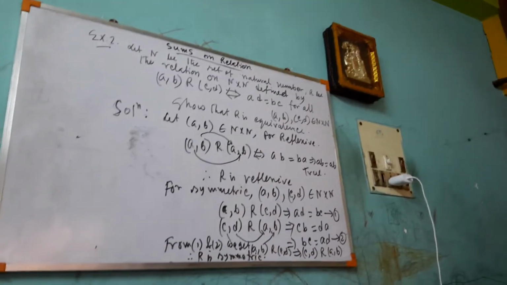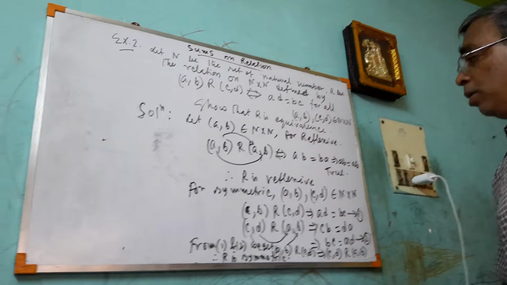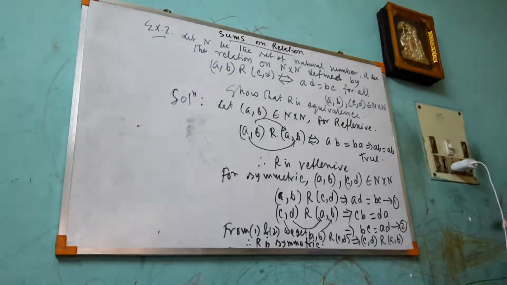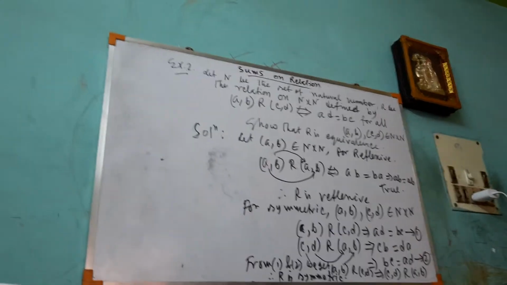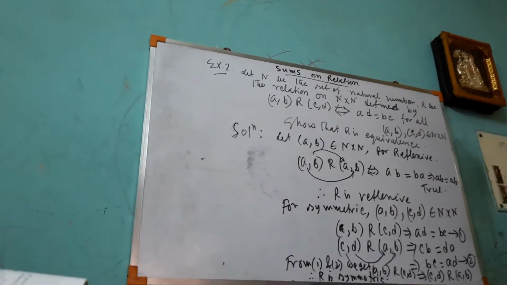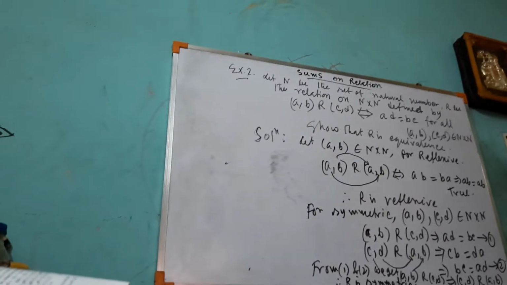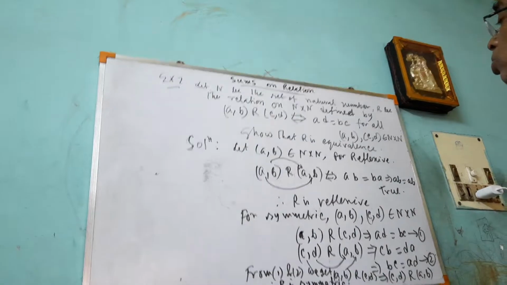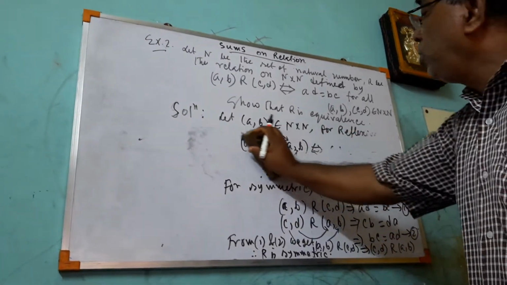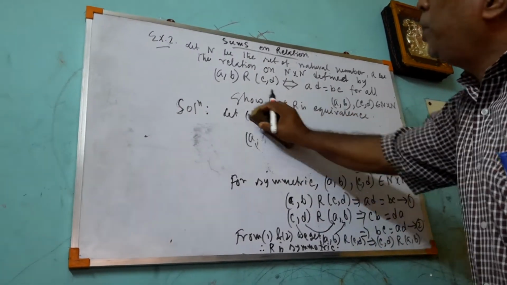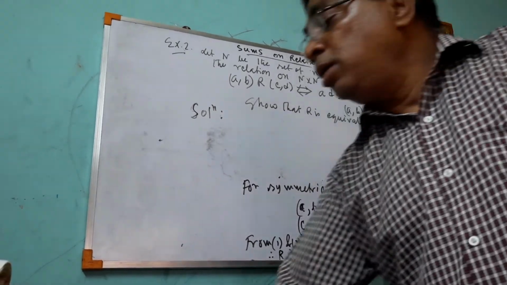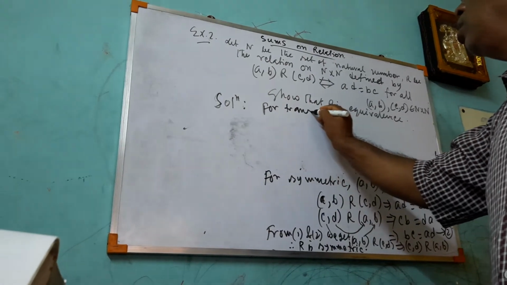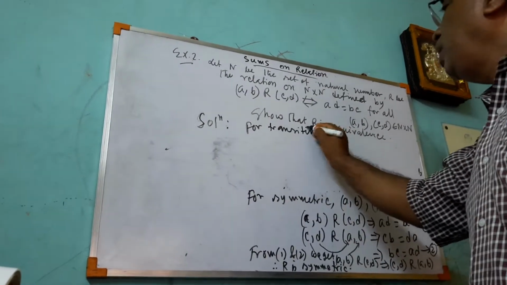Now we have to see whether it is transitive or not. For transitive, we have to take three pairs.